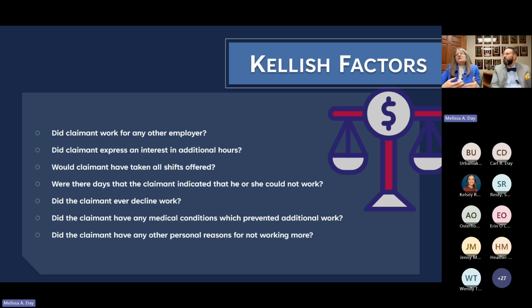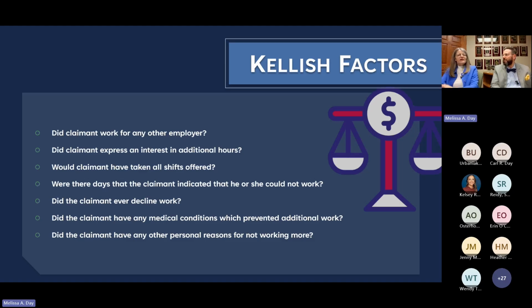But the reason why is almost irrelevant. You don't want them to say why. Has the claimant turned down shifts for work that were offered to them when they were hired? Did they say, I can only work Monday, Wednesday, and Friday from 9 to noon? I can't work Tuesdays and Thursdays, and don't call me on the weekends.